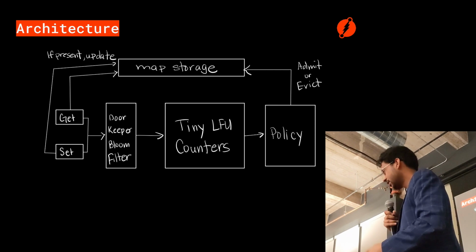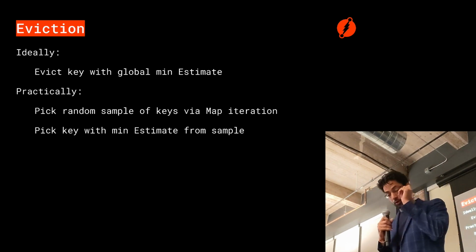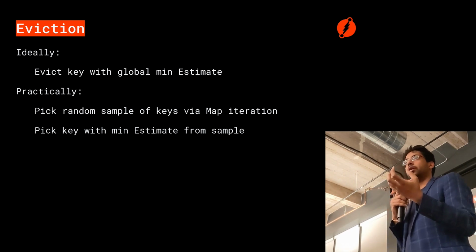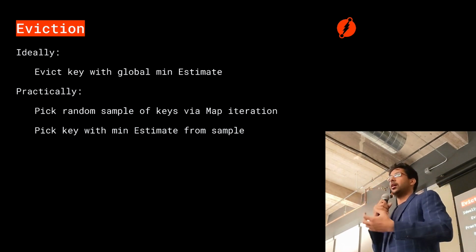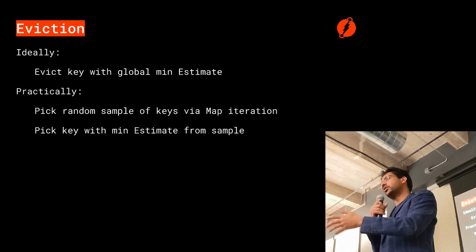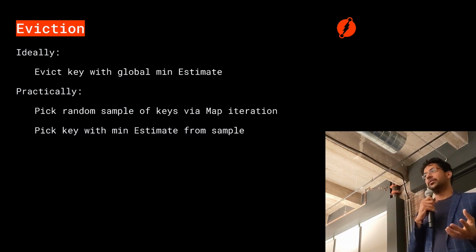Okay. All right. Let's look at the eviction policy. So, ideally, we talked about estimate, so we kind of have a sense for which key has a high frequency. In an LFU-based system, least frequently used system, you want to evict a key with a minimum estimate.